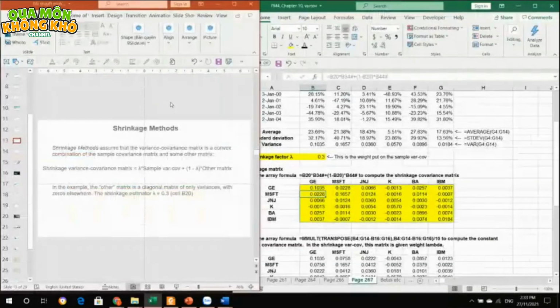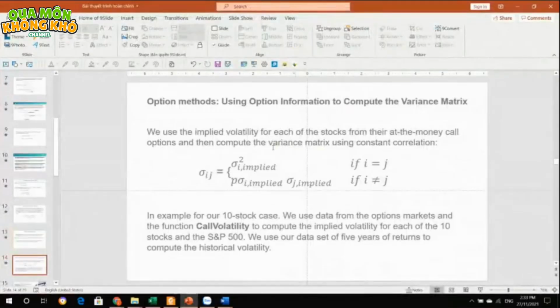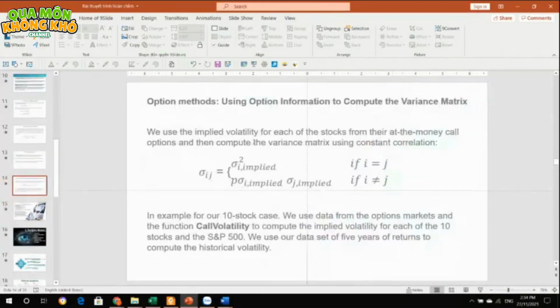Thank you. And now we go to the last method. It's the option method. In this method, we use option information to compute the variance matrix. We use the implied volatility for each of the stocks in the at-the-money call option, and then compute the variance matrix using constant correlation.